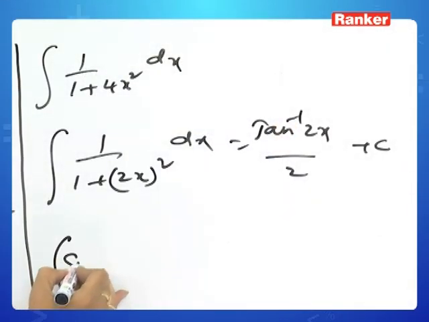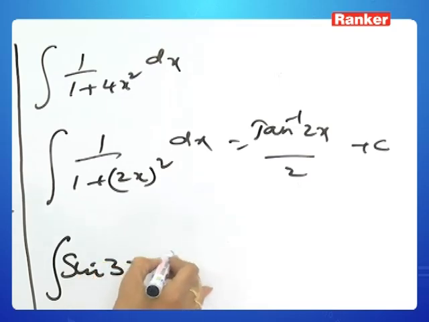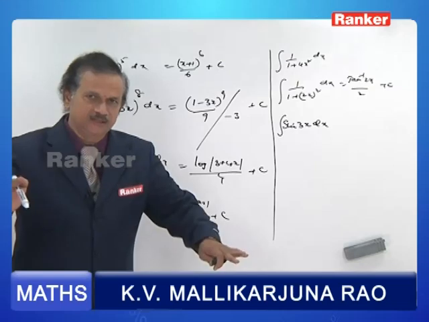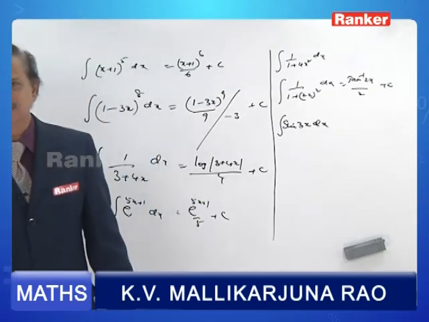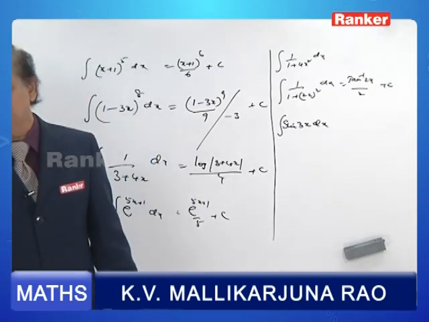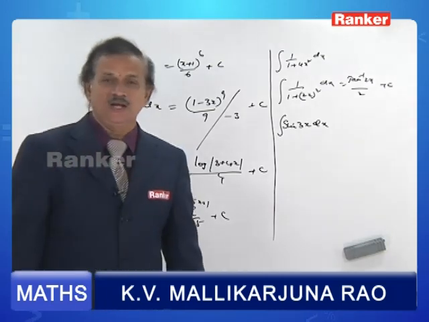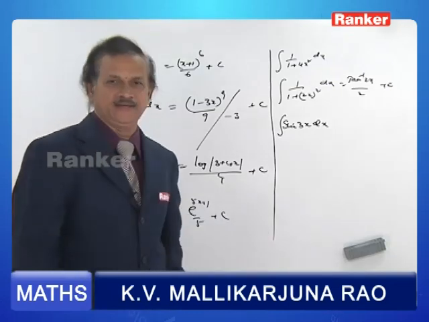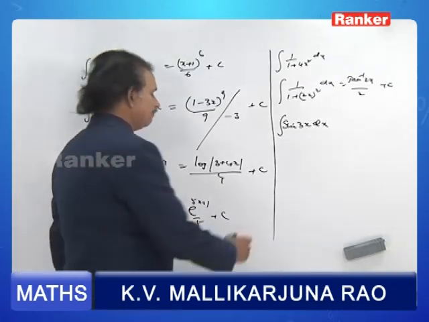Integral of sine 3x: it is minus cos 3x by 3. Integral of cos 2x is sine 2x by 2. Integral of tan 3x is log mod secant 3x by 3. Like that you can apply.